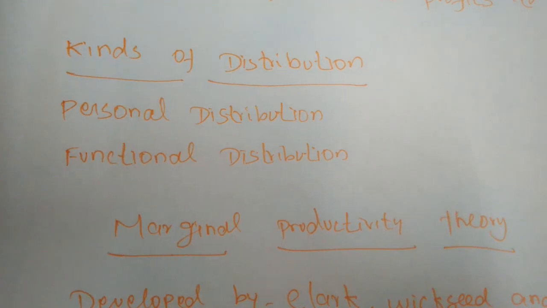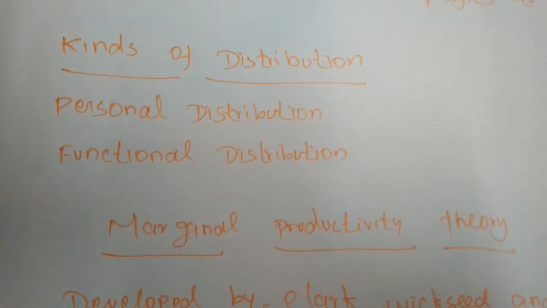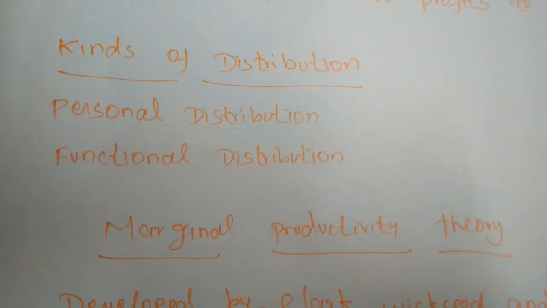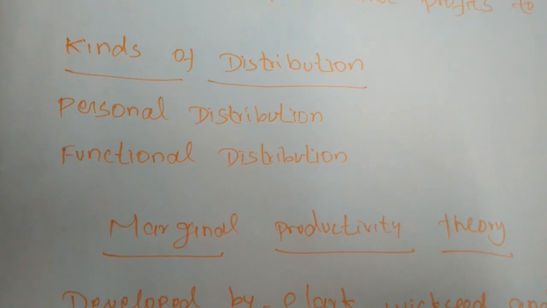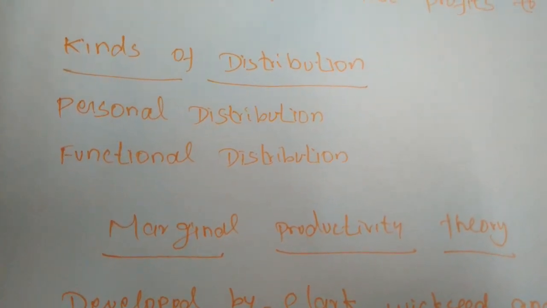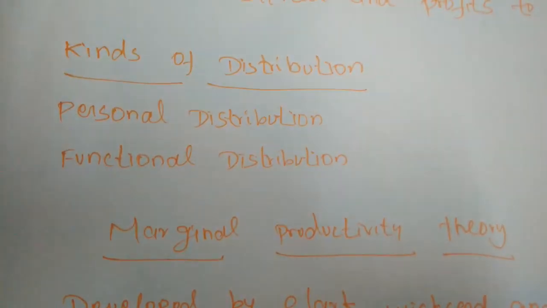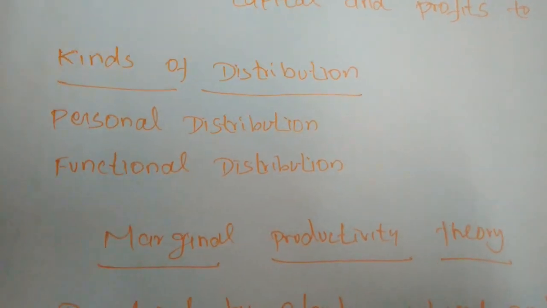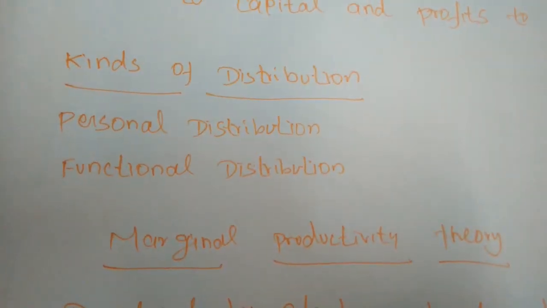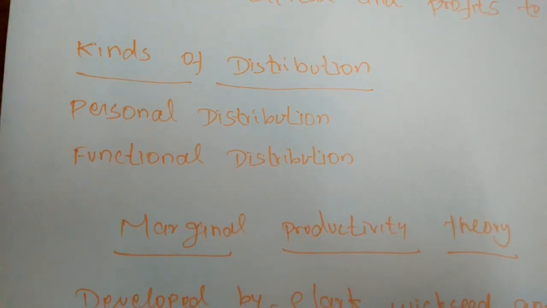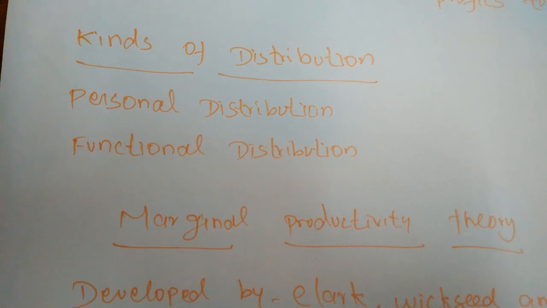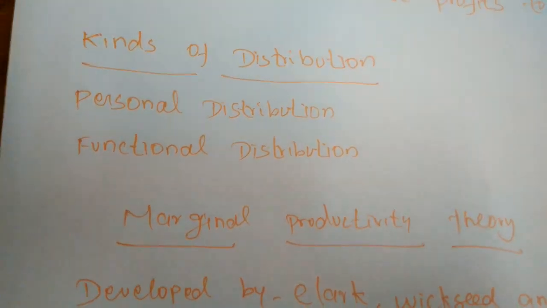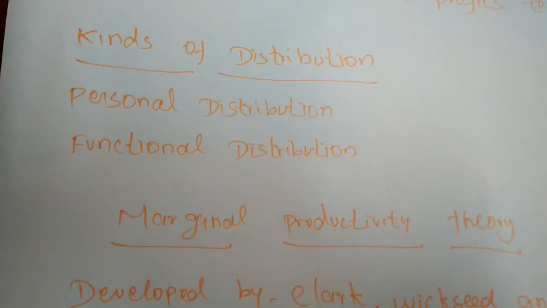Now all individual people are considered as factors, whether labor, entrepreneur, financial institutions, or organizers. All individual persons come under the four factors of production. How all the individual people get their remunerations means they get some distribution from the national income.